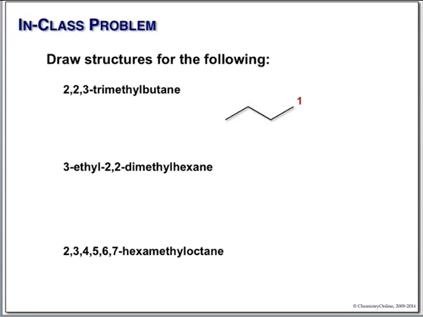Now what's attached to our butane? We have 3 methyl groups, right? And 2 of them are on carbon 2, and 1 is on carbon 3. So systematically, 2 methyl groups, 1 methyl group, and it looks like that.